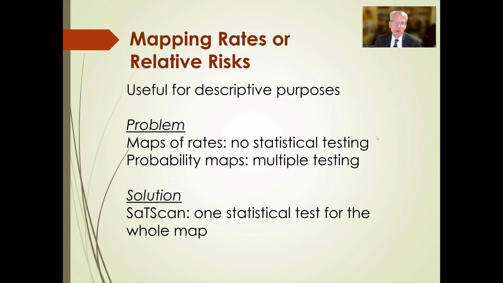When we map rates or relative risks, it's very useful for descriptive purposes, but there's a problem. In a simple map, there's no statistical testing. In probability maps, there is multiple testing. So the solution is what SaTScan does. It's one statistical test for the whole map, adjusting for the multiple testing.